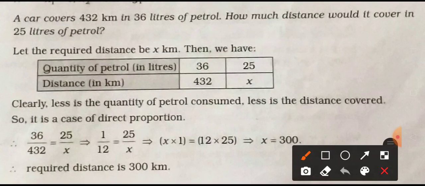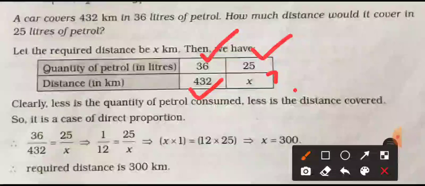Then we have the quantity of petrol as 36 and the distance covered as 432. Now the new quantity is 25 liters. So how much distance would it cover? You can see here that the less petrol consumed, the less the distance covered. So it is a direct proportion or direct variation.